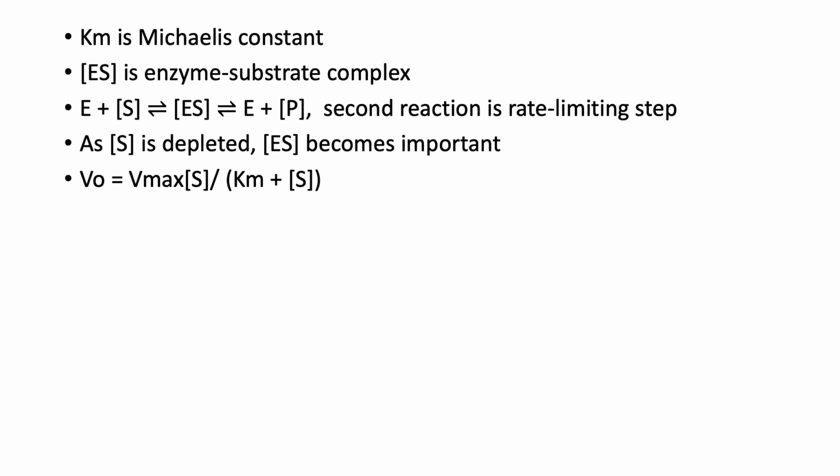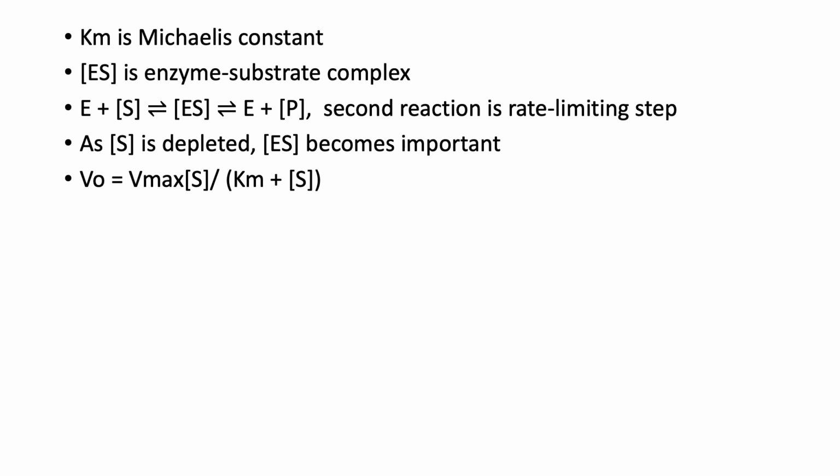So we talk about the first order reaction going from the reactant substrate and the enzyme to the intermediate complex, and then returning in the second reaction to this point where you have a product and the enzyme. The second reaction in this series is termed the rate limiting step.